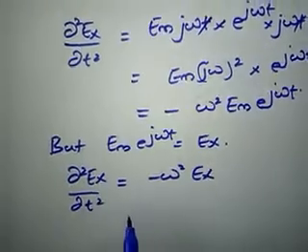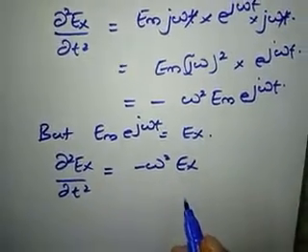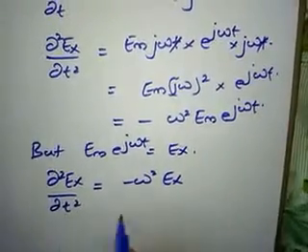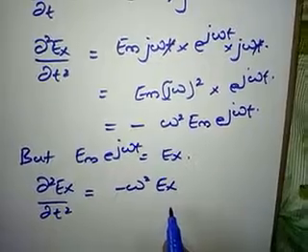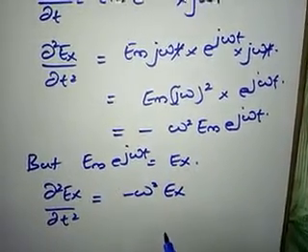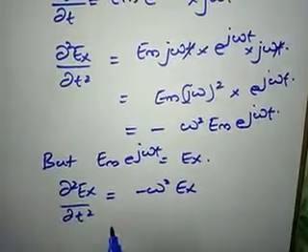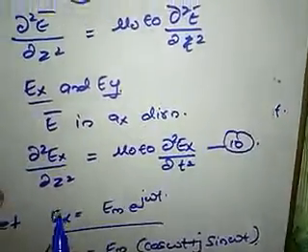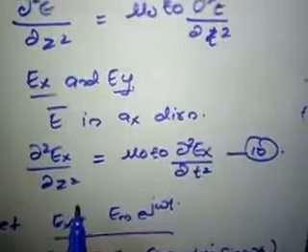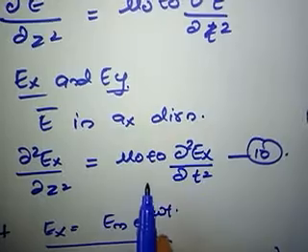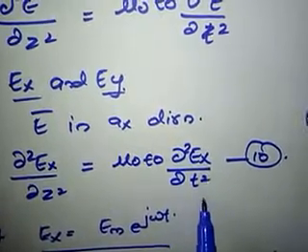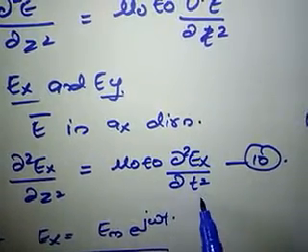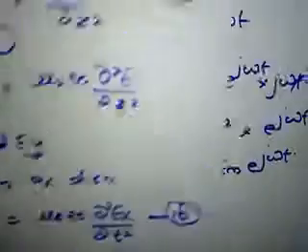Okay, so substituting this in equation 10, what we get? In equation 10, dou square Ex upon dou z square is equal to mu naught epsilon naught dou square Ex by dou t square. Now we have got dou square Ex by dou t square, substitute in this equation.